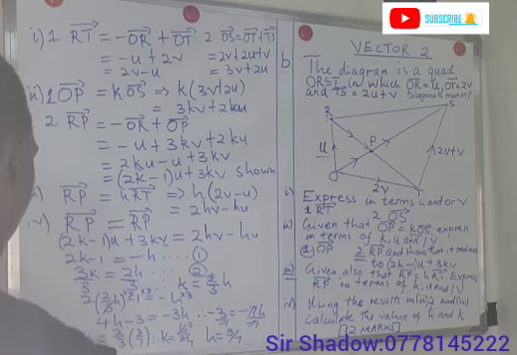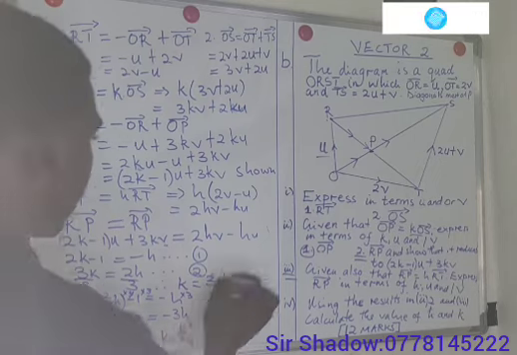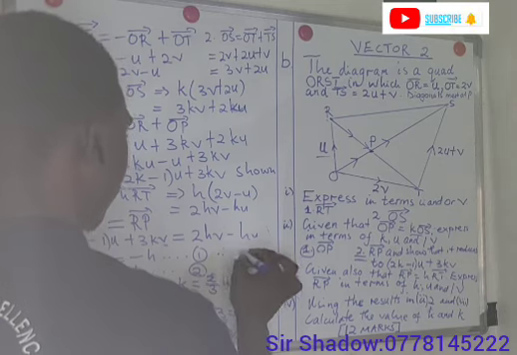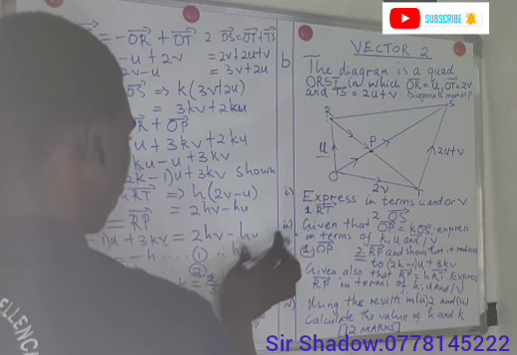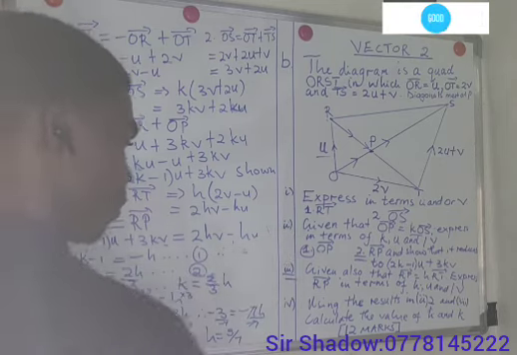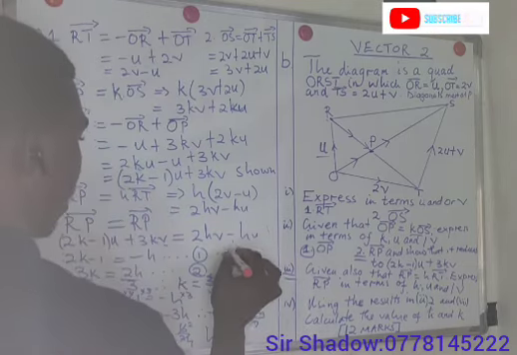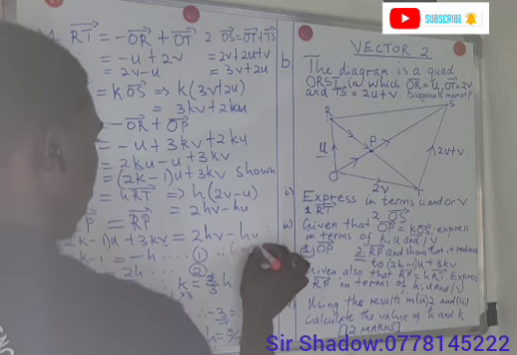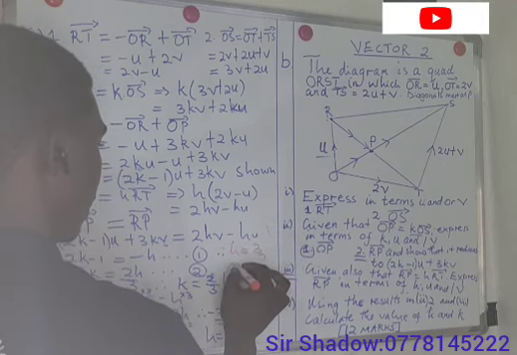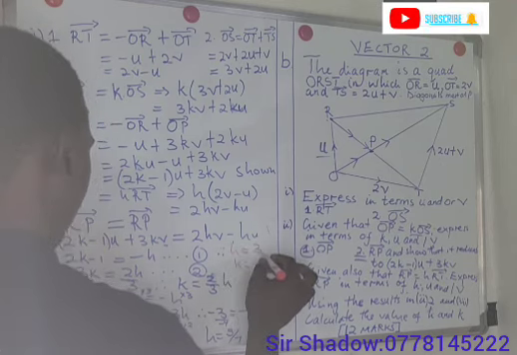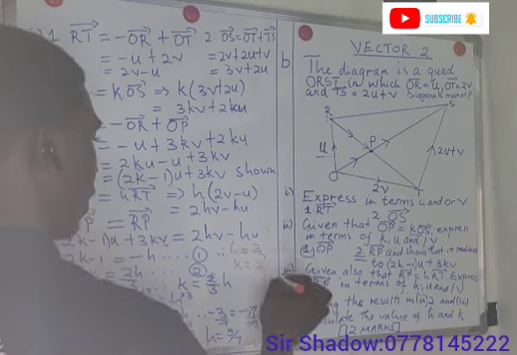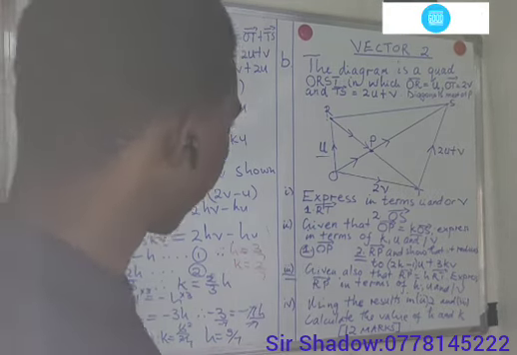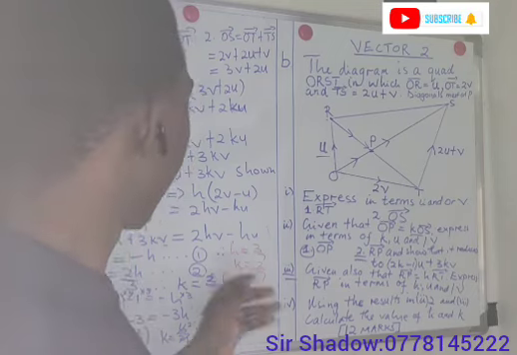Therefore k is equal to 2 over 7. So h is equal to 3 over 7 and k is equal to 2 over 7. Yeah, that's it.